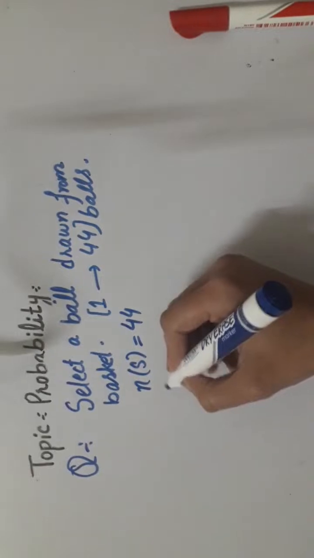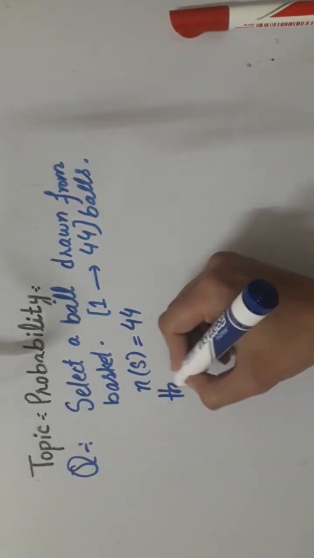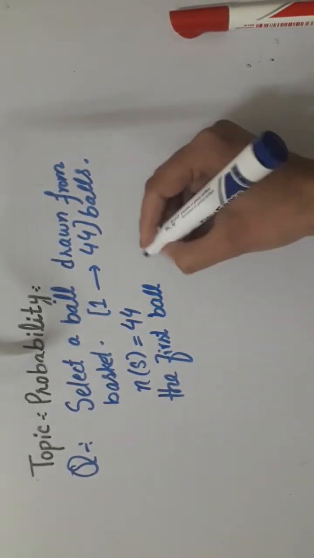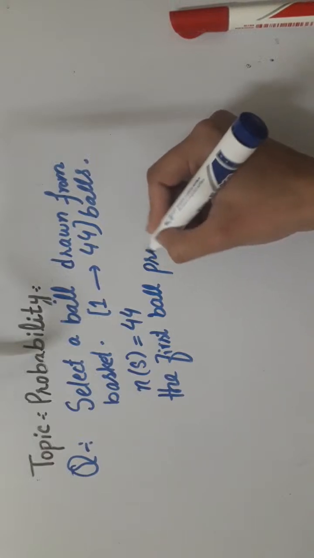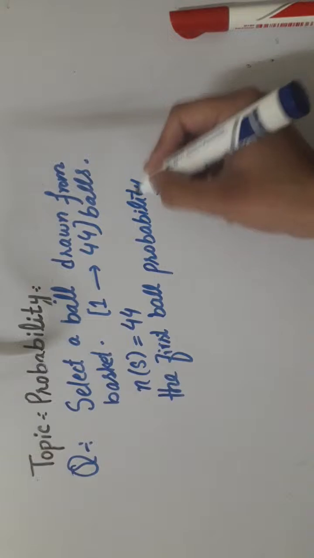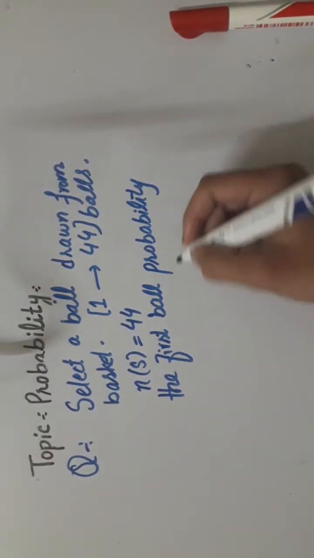Now you have to find the first ball. The first ball probability will be any one.